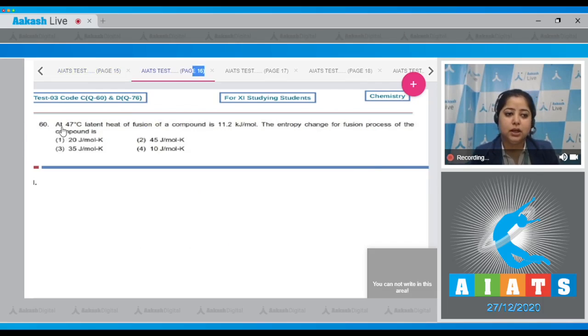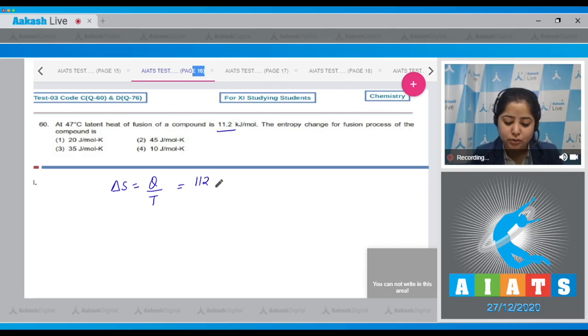Let's read it. At 47 degrees Celsius, latent heat of fusion of a compound is 11.2 kilojoules per mole. The entropy change for the fusion process of the compound is. Students, the formula to calculate entropy is enthalpy, or the heat, upon temperature. Since the latent heat of fusion is 11.2, let's convert into joules.